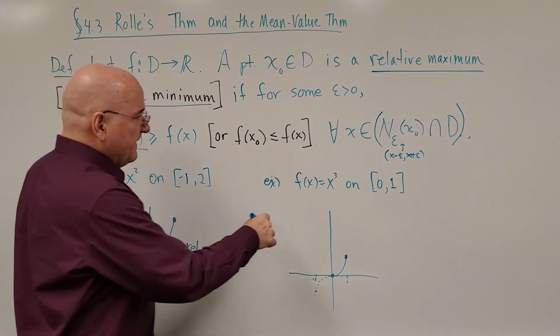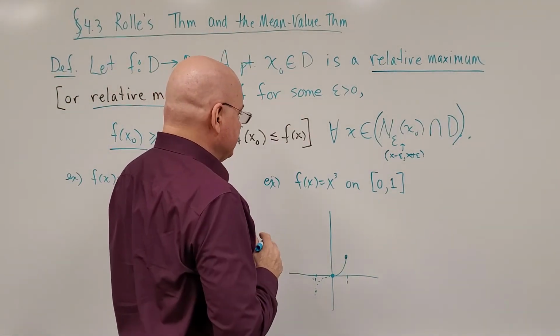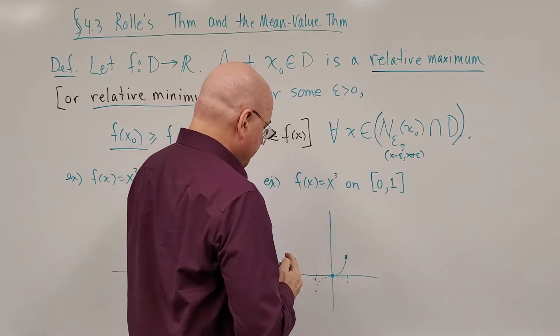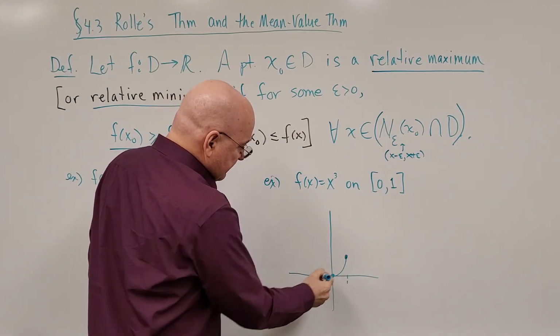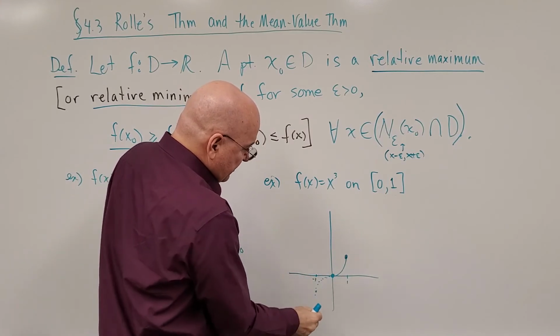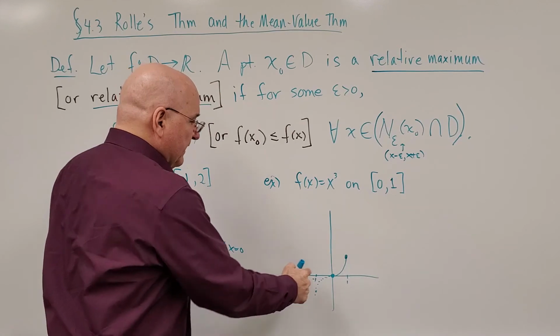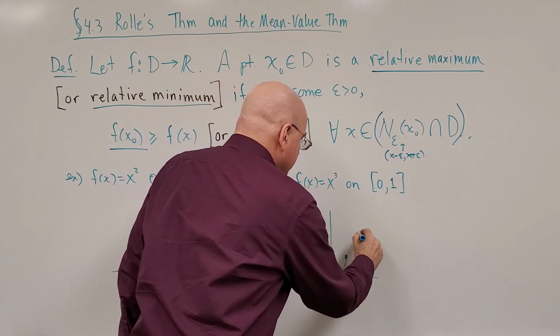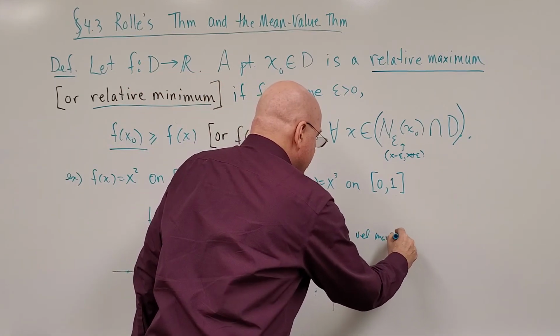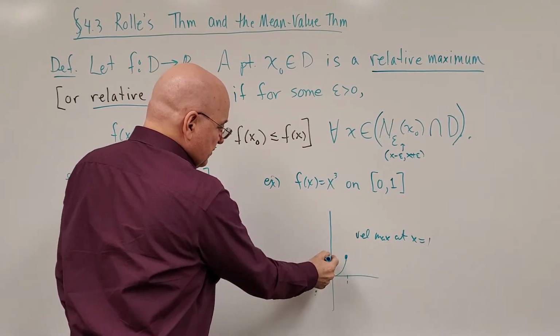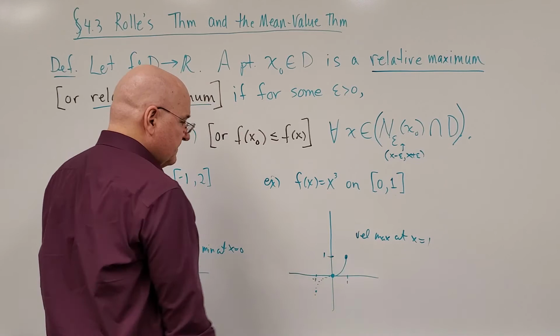And similarly, if we took the graph of f of x equals x cubed, or consider that function on 0 to 1 only, I kind of drew it from -1 to 1, just dotted over here, but all we're talking about is this part right here. Well, I would have a relative maximum at x equals 1, and the value of the function looks like it would be the height of 1.